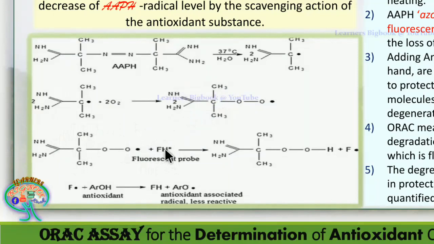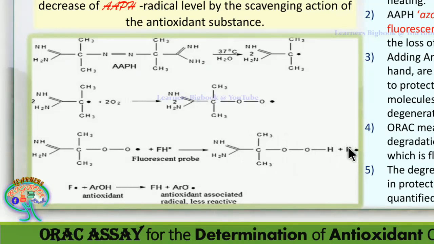Whatever hydrogen atom is present will be snatched by this peroxyl radical. Here you can see the fluorescein is going to get reduced, where hydrogen will be removed and passed to the peroxyl radical, and this peroxyl radical gets neutralized from its free radical state, and the fluorescein is reduced. Because of this reduction, it is going to lose its dye feature.